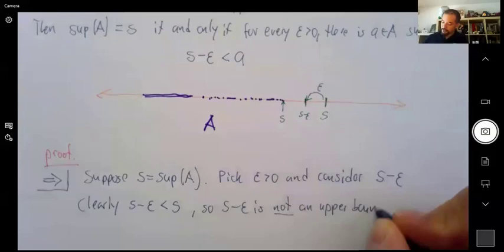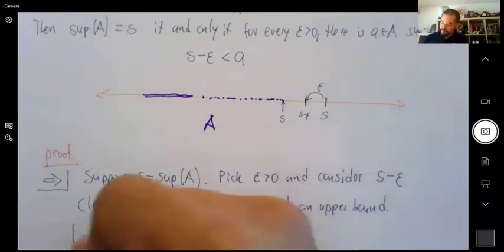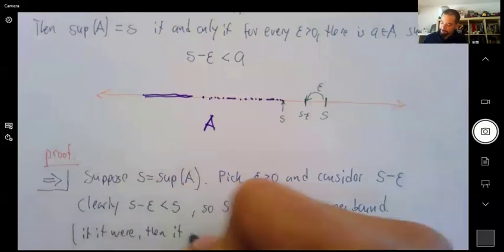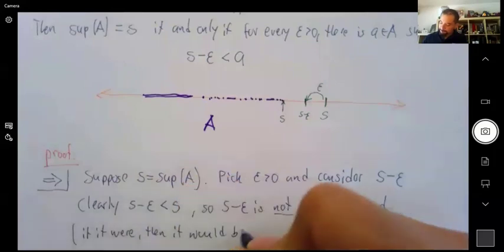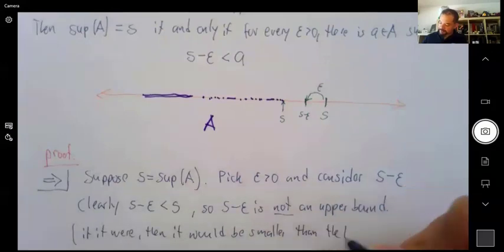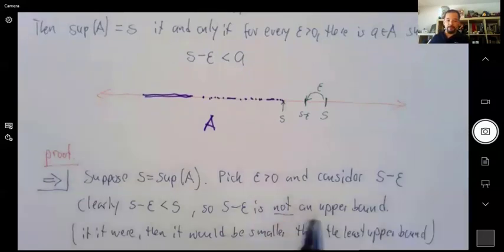Again, let me explain why that is. If it were, then it would be smaller than the least upper bound. And that's not right. So this guy is definitely not an upper bound.